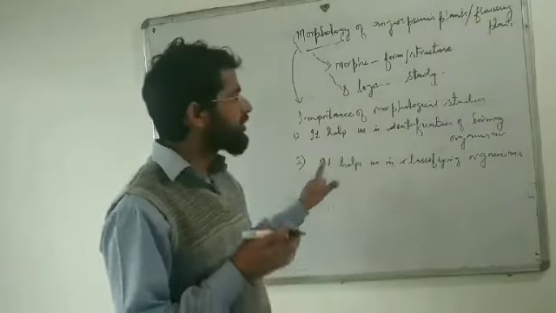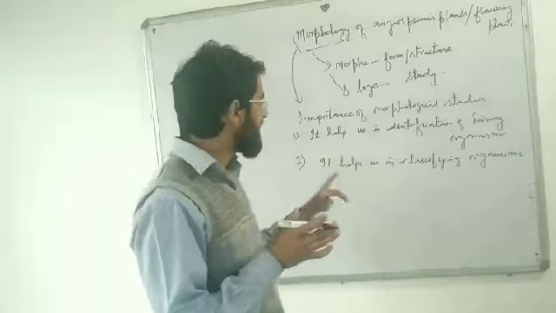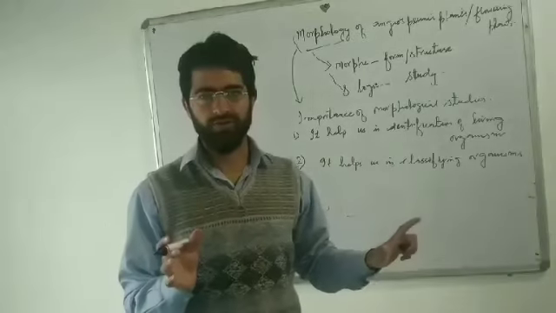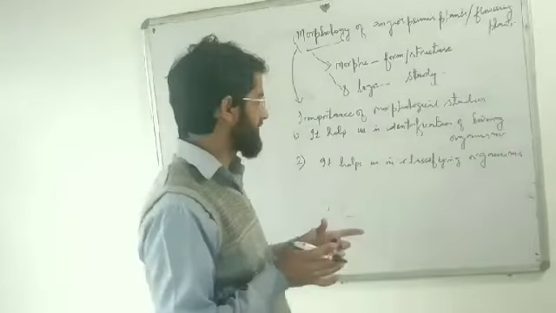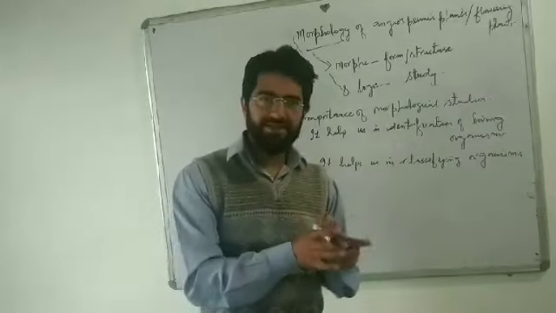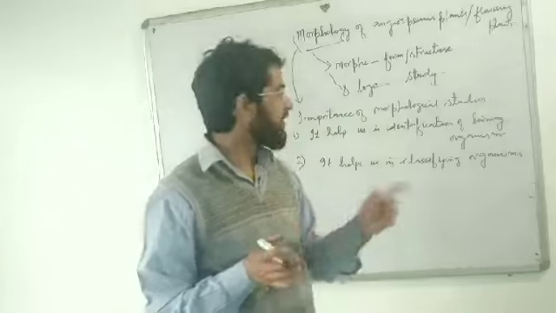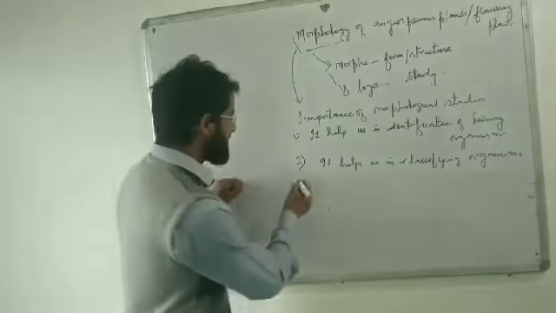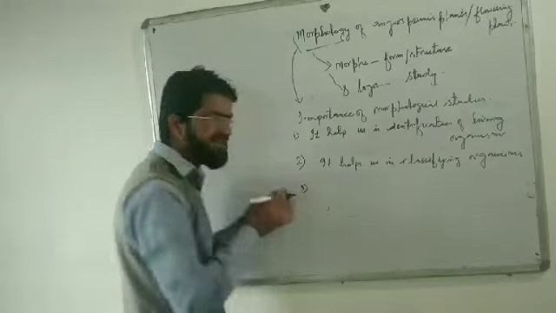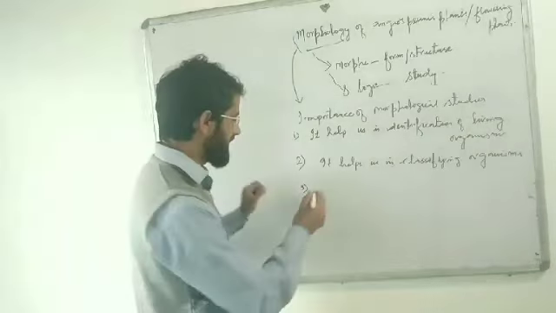These two aspects are usually dependent on external morphology. When we study internal structures, that means complexity as well as simplicity of tissues and other structures, that too helps us in delimitation of organisms, right?